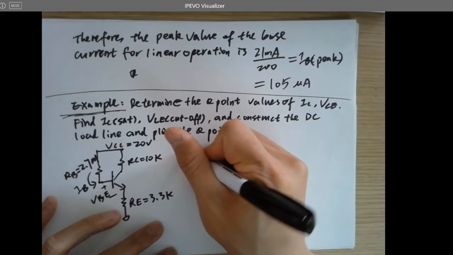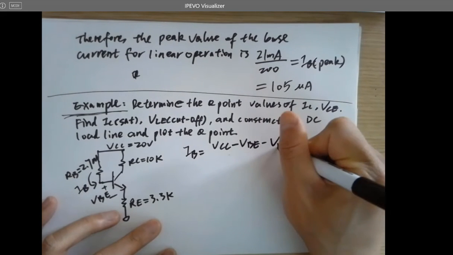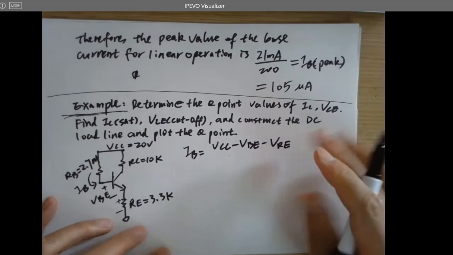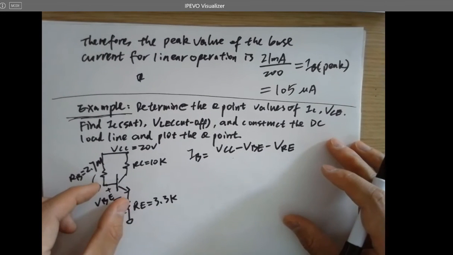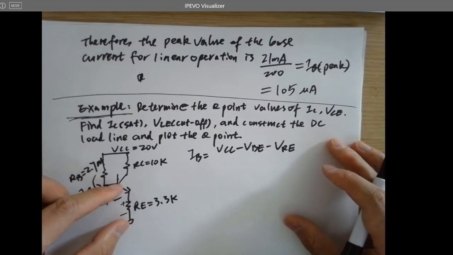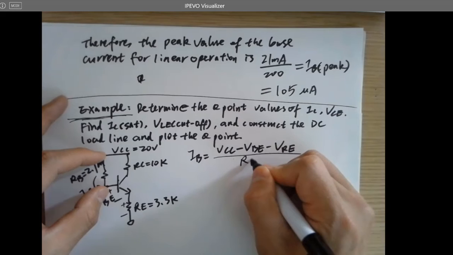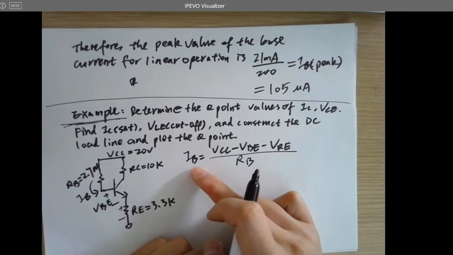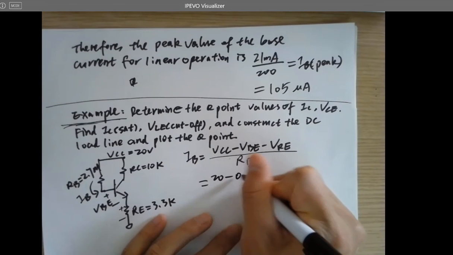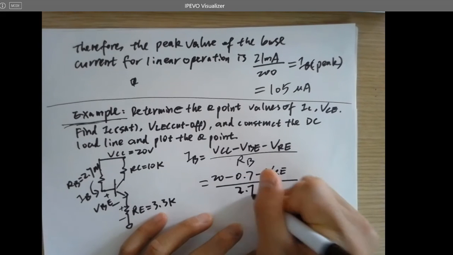IB equals VCC minus VBE minus VRE. VCC is the total voltage drop, so minus VBE minus VRE gives the voltage drop across RB. Because RB is given, we can directly divide by RB to find IB, which is 20 volts minus 0.7 minus VRE, which is unknown, over 2.7 megaohms.